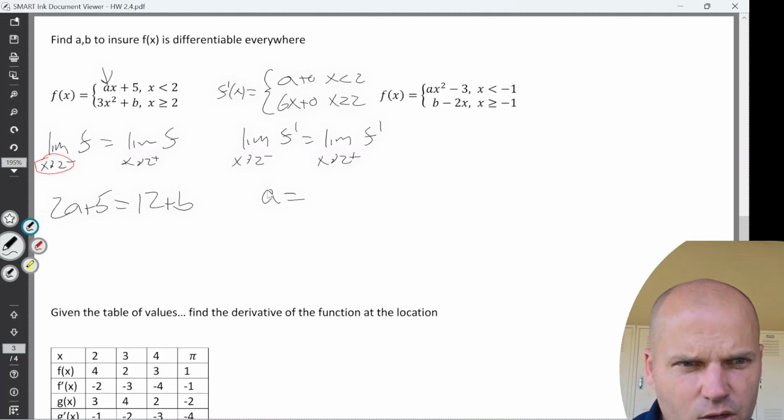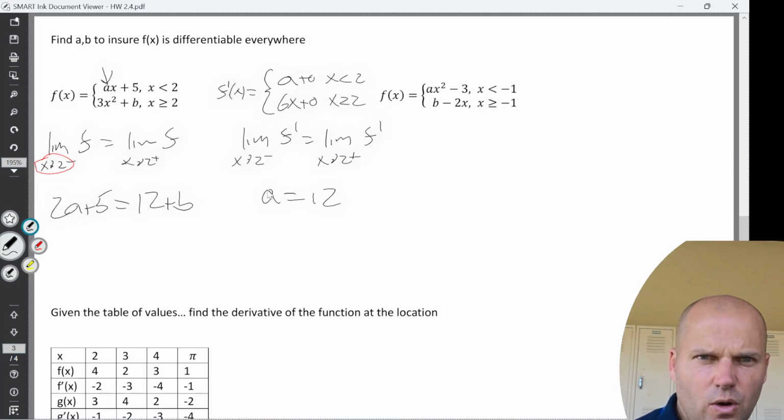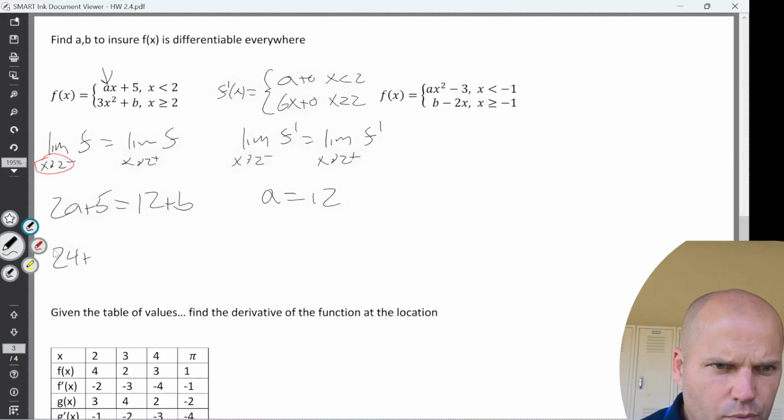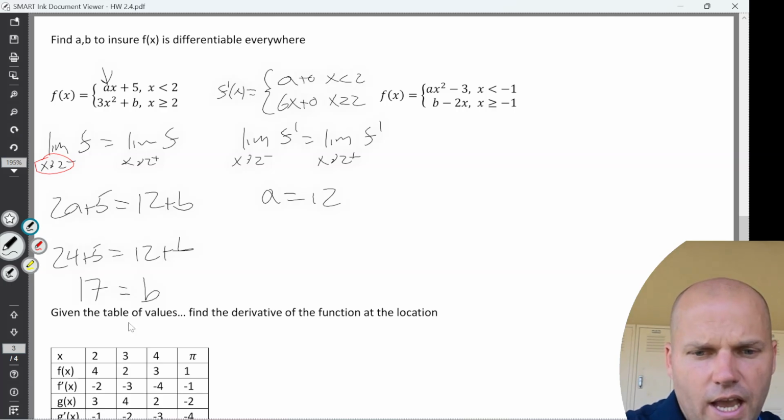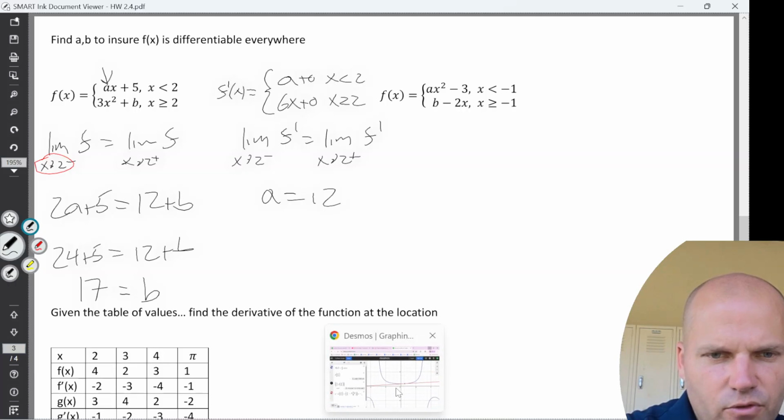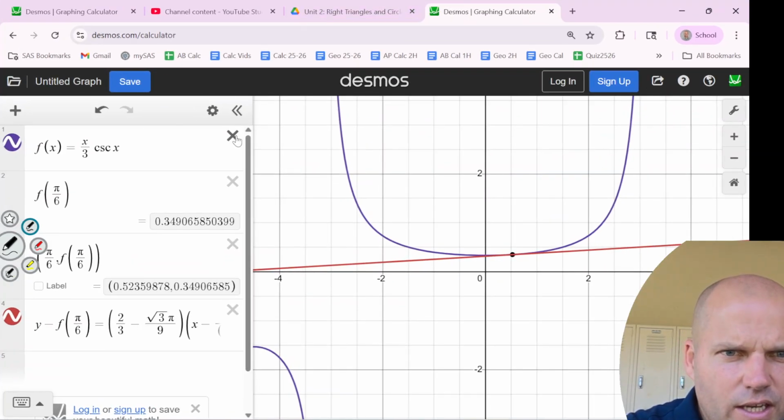This is a equals 12. Great, so I already have this a. So 24 plus 5 equals 12 plus b. 29 minus 12 was 17.